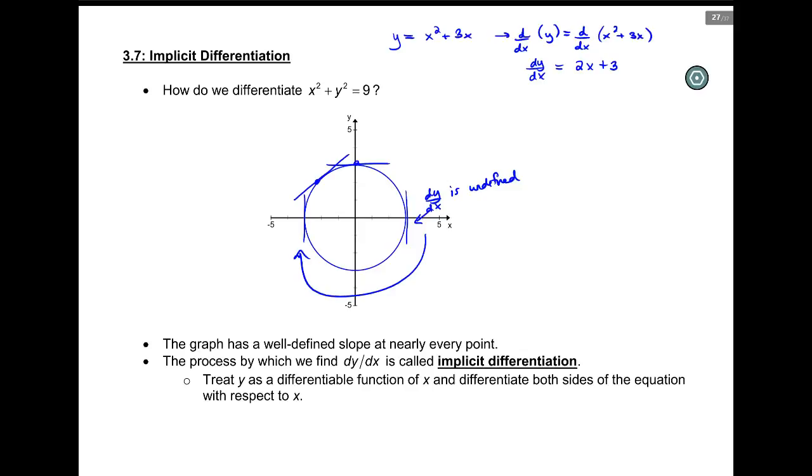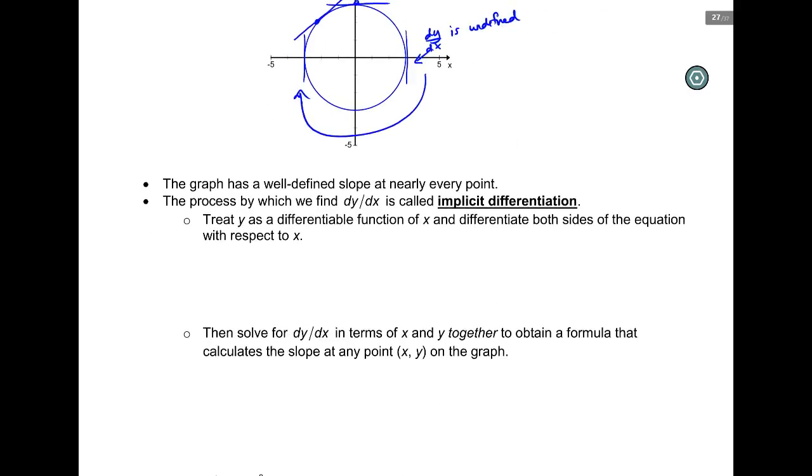Okay, so here's what we're going to do. Notice how I wrote up here, we did d dx of both sides. That's what we do in implicit differentiation. So I'm going to write d dx of x squared plus y squared equals d dx of 9. Whatever we do to one side of the equation, we have to do to the right side.